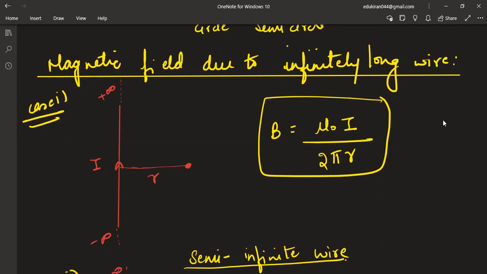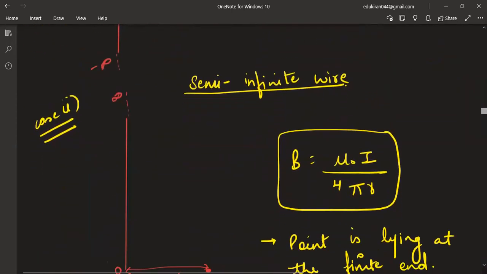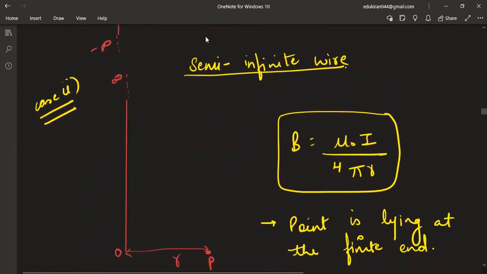In these questions, just remember the final formula, and that is sufficient. For an infinitely long wire, just remember B is equal to mu naught I by 2 pi R. That's it.